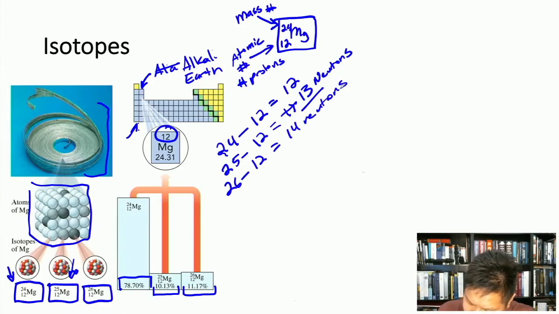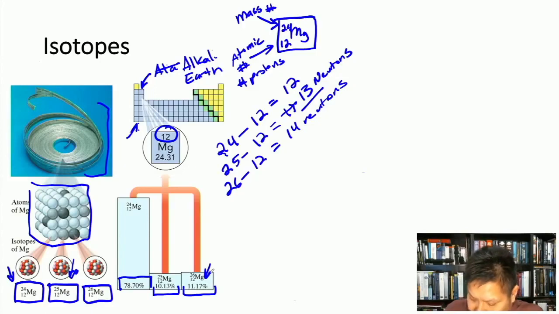Magnesium 26 then has, again, 12 protons and 14 neutrons, and it has an abundance, we'll call that abundance, by the way, of 11.17% of all magnesium atoms.